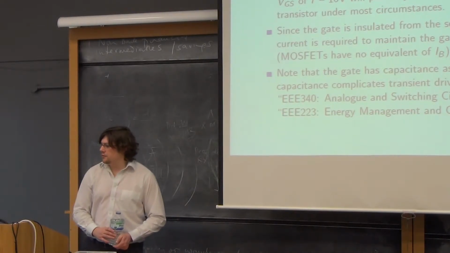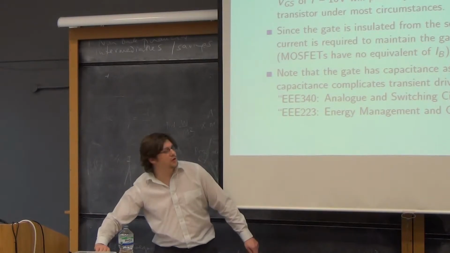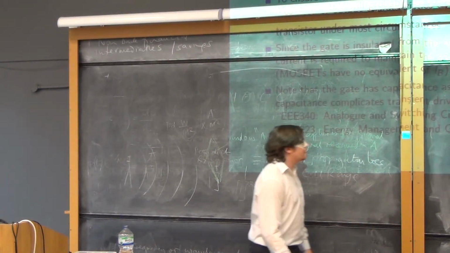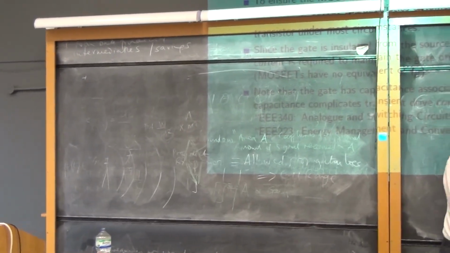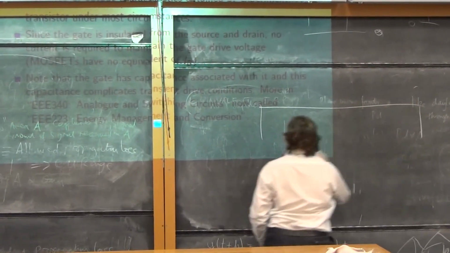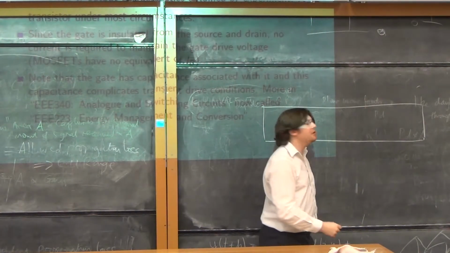So the gate capacitance. Everybody's happy that a MOSFET looks broadly like this: the simplest lateral MOSFET will look something like this. It's only a little bit of semiconductor and it won't hurt, I promise.